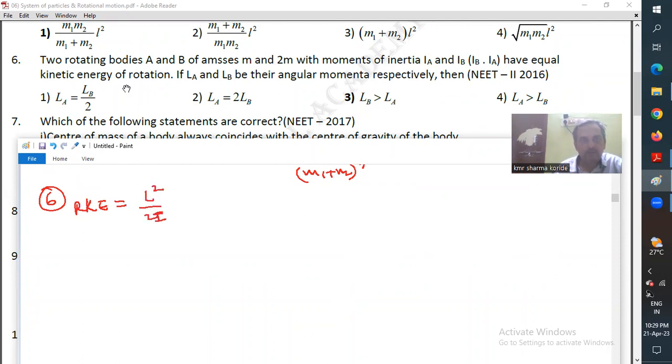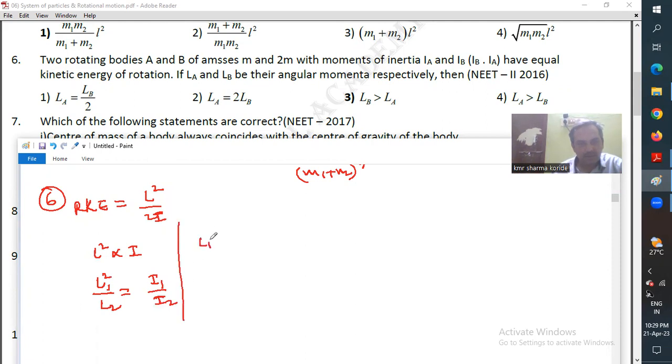They said kinetic energy of rotation is the same. So L square is proportional to I, because L square is in the numerator and I is in the denominator. Therefore L1 square by L2 square is equal to I1 by I2, since they are proportional.